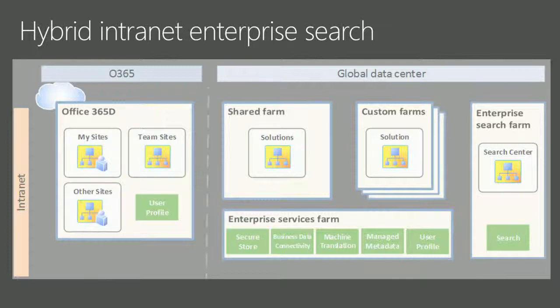So ideally, if you're just a person and you want your data, you put it in the cloud, it's all taken care of, it's crawled by the search center. If you have more specific requirements, you can go to the shared farm, which also gets picked up. And if you have super custom requirements, you can put your data in a custom farm or your application, and then you need to add that URL to the search center.